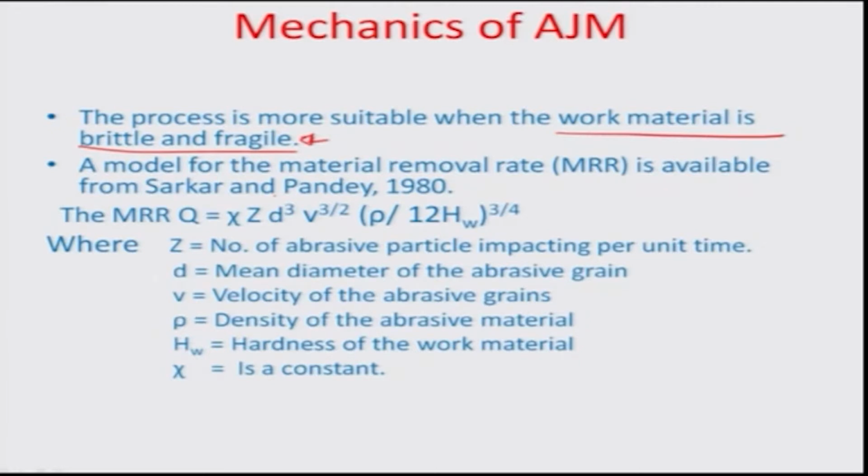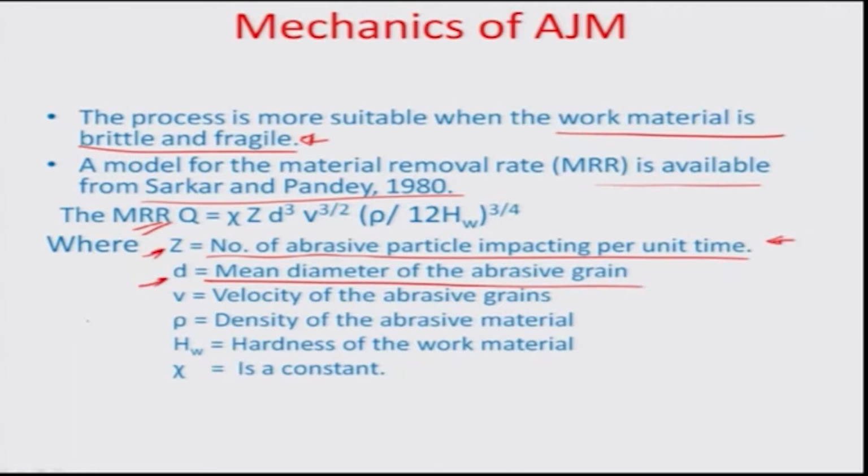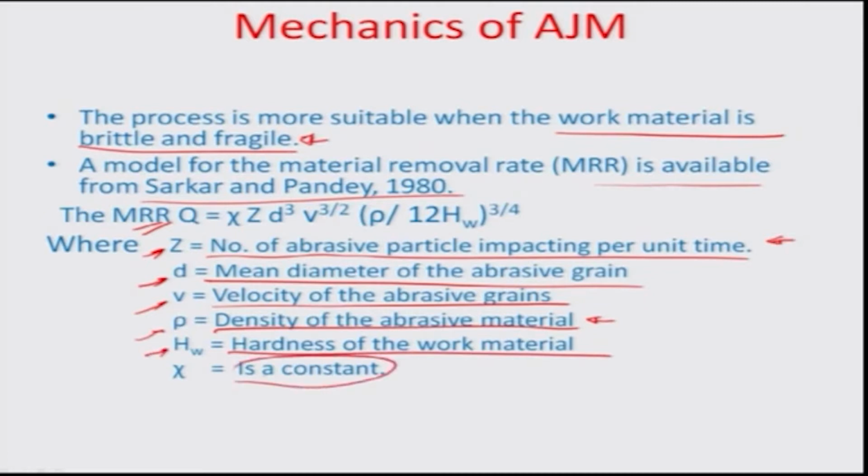So, a model for material removal has been proposed for this AJM process by Sarkar and Pandey in 1980, which talks about relating this material removal rate to a variety of process parameters like the number of abrasive particles impacting per unit time, the mean diameter of the abrasive grain, d, the velocity of the abrasive grains, v, with which they are impacting on the surface, the density of the abrasive material, and then also the hardness of the work material and some experimental constant which comes up.